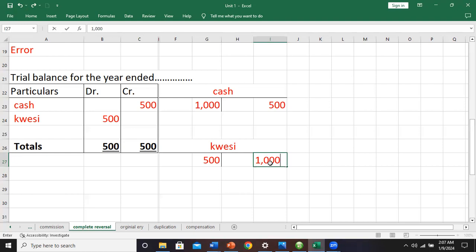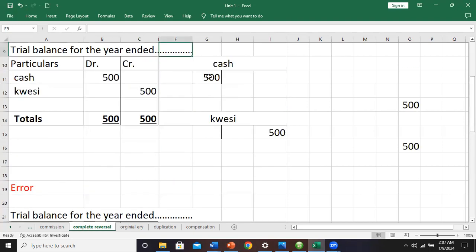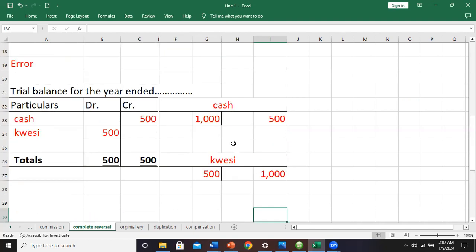So that if we are doing the balancing, you see, this 500 would reduce this balance 500, right? And this will also reduce it 500. So you end up coming back to something like this: a debit 500 for cash and a credit 500 for cash. So that is why for error of complete reversal of entries, we double the figure to pass the entries to correct the errors. And I hope I've convinced you small.